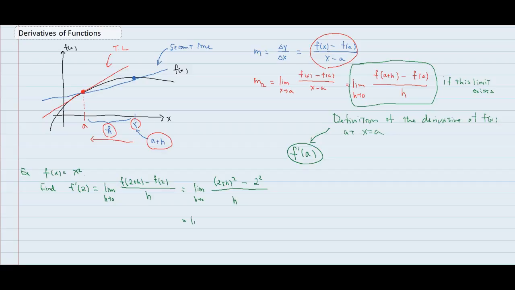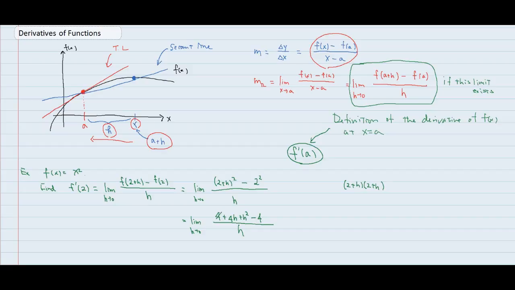Now that is going to be limit as h goes to 0 of, now expanding that 2 plus h quantity squared, you should get 4 plus 2 times 2 times h, so that's going to be 4h plus h squared. You can do 2 plus h times 2 plus h to see what that quantity is, but maybe some of you remember how to square a binomial. And minus 2 squared is going to be 4, so all over h.